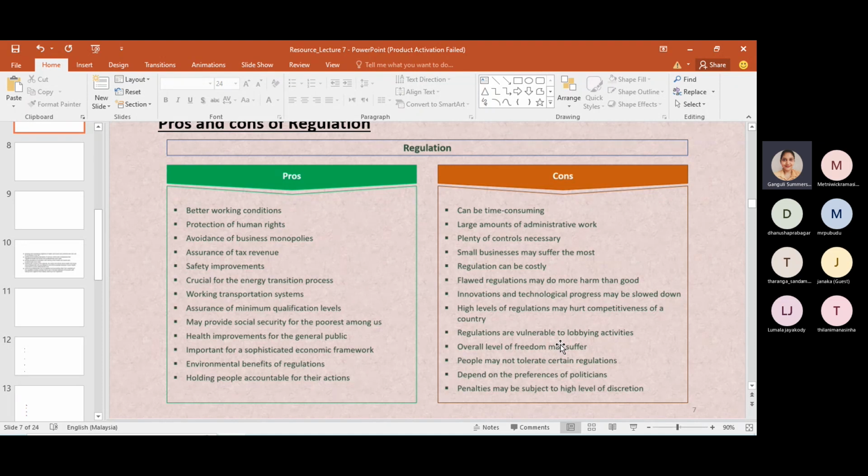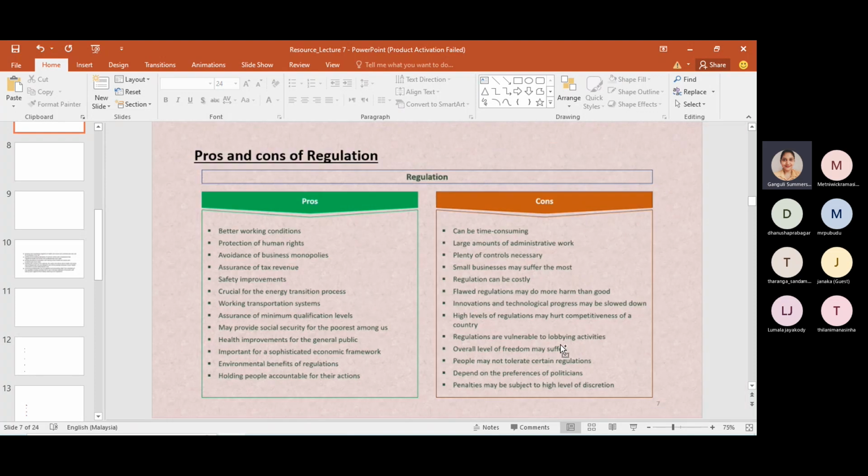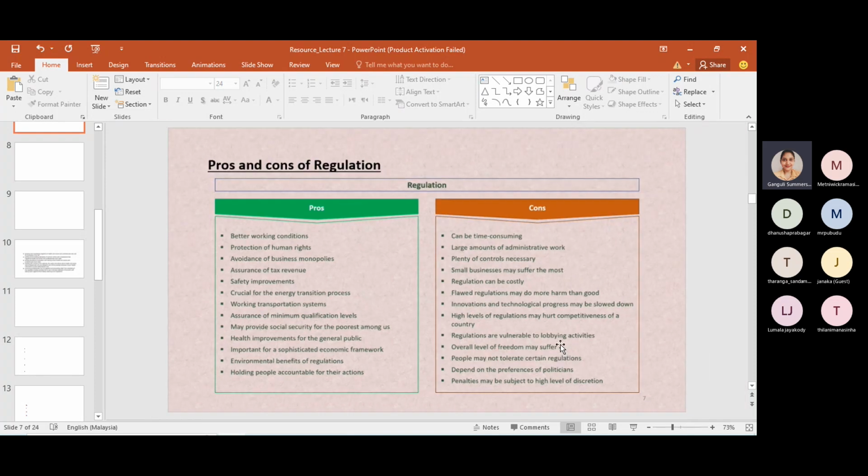And sometimes people can get annoyed with a lot of regulations. People might not tolerate certain regulations. Then when companies get penalized for not following standards or guidelines, that creates a negative impact on the company, right?